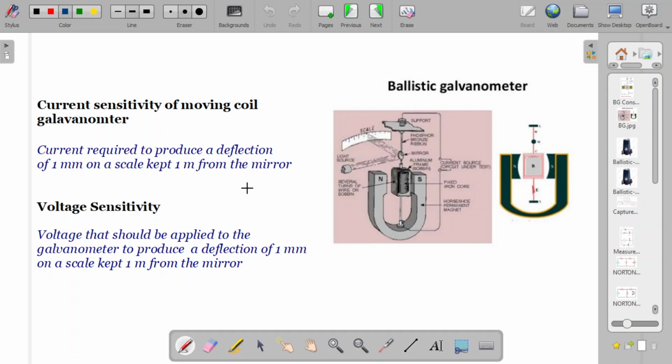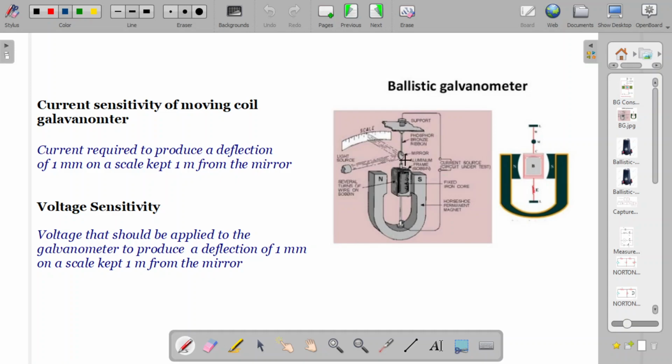Now, before going into further details of that, let me explain basically how a ballistic galvanometer is used in the experiment in our labs. You know how it works and how the mirror deflects, theta 1, theta 2, everything. But how do we measure the theta in the lab?